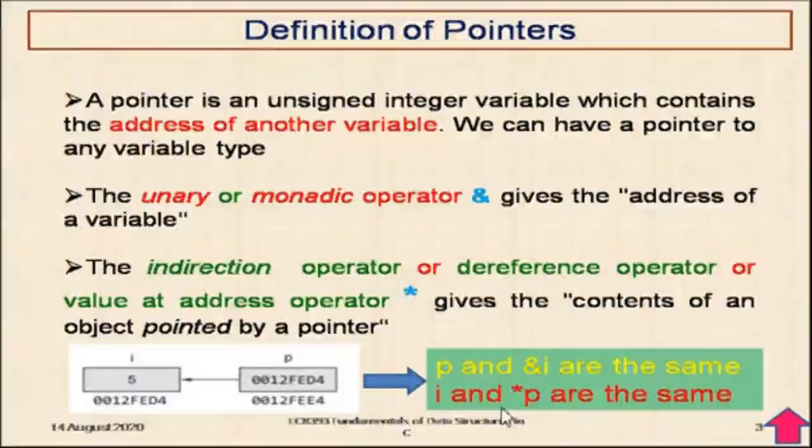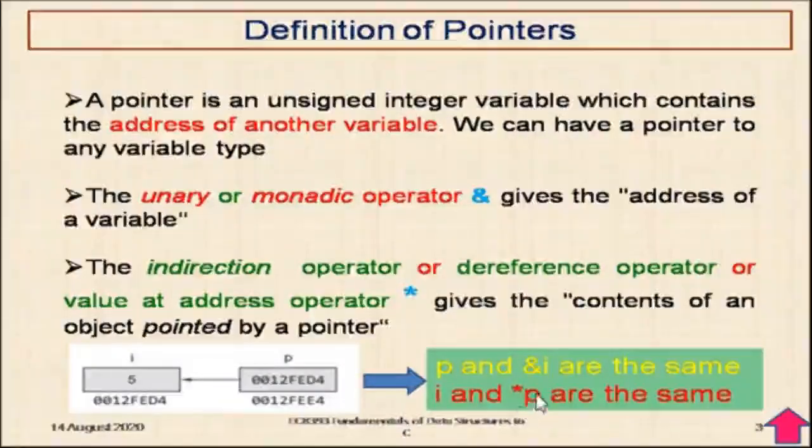5. Right. Now I want to get the value 5 without using the variable I. Rather, I would like to access the value with the help of the address. Then we can use the star operator. What is the star operator? Data at address operator, or contents of an object pointed to by a pointer.